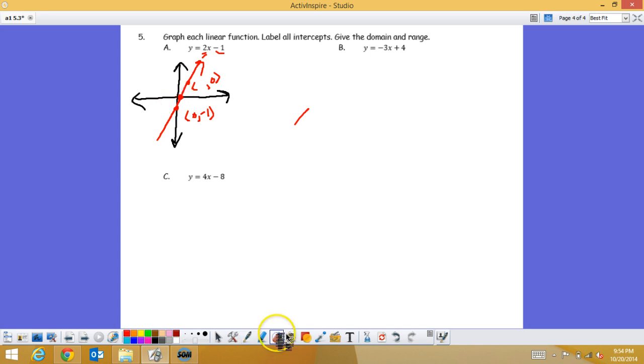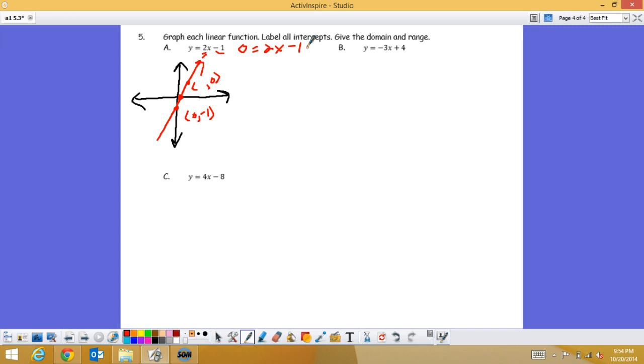So we're going to take this equation and plug 0 in for y, and solve that for x.